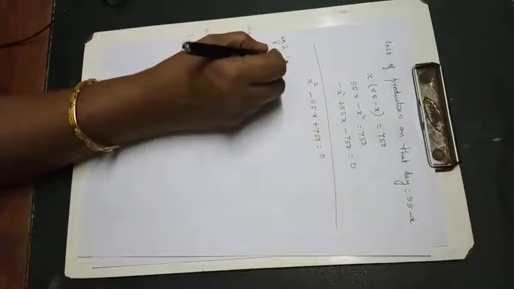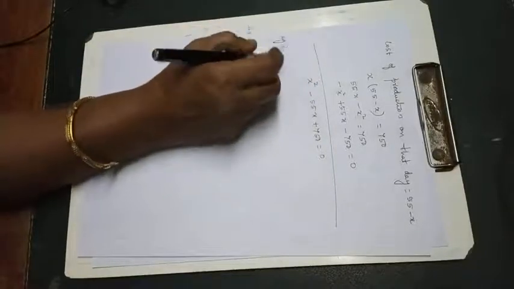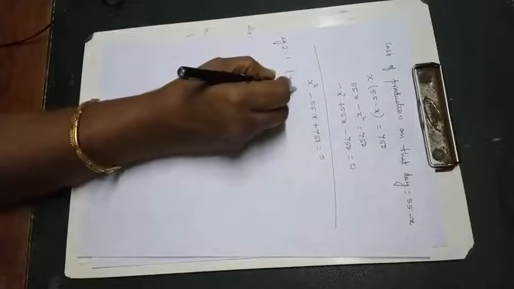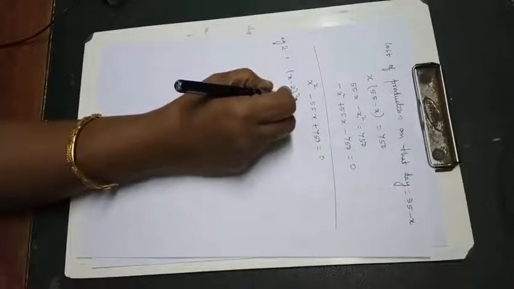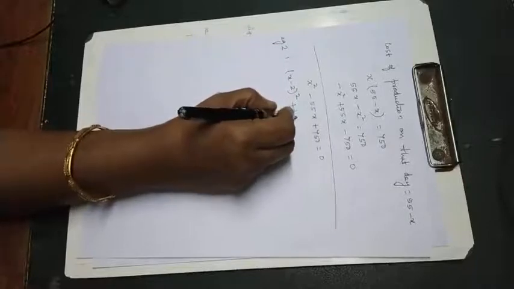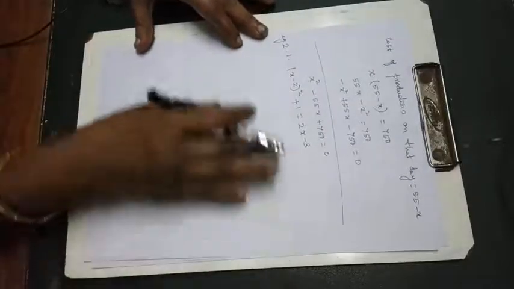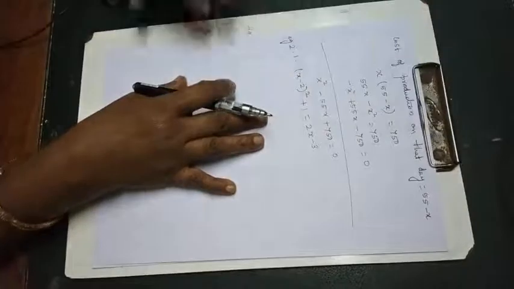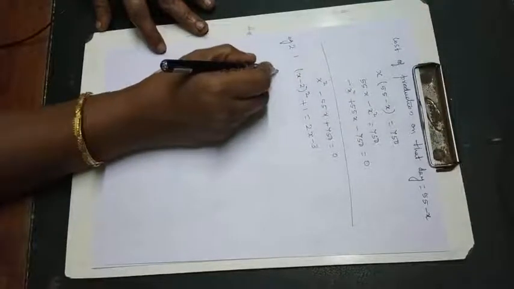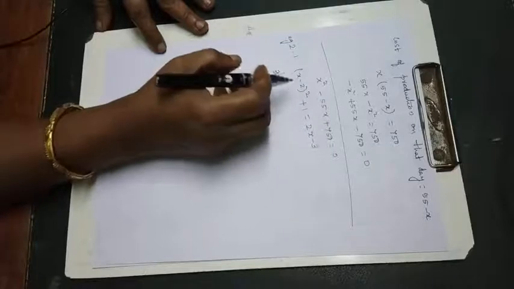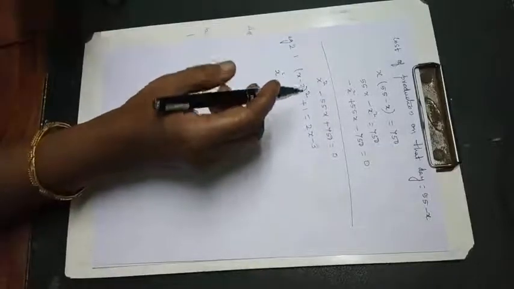Now second example, check whether the following are quadratic equations. So first one, example 2, first one, x minus 2 the whole square plus 1 is equal to 2x minus 3. So first open this bracket, a minus b the whole square form.